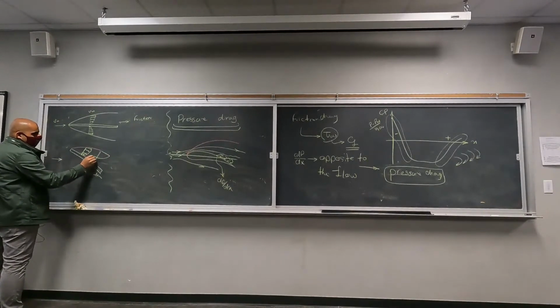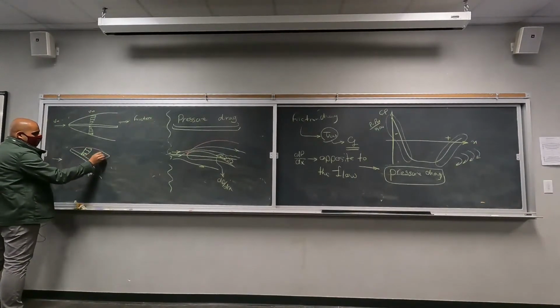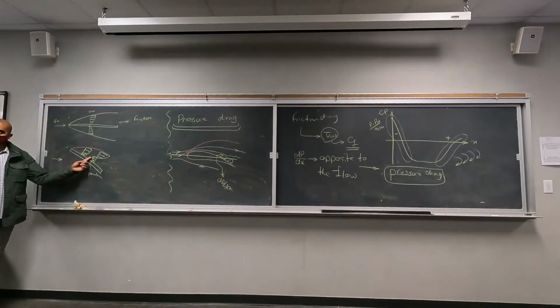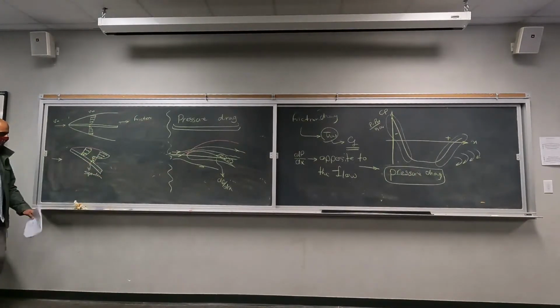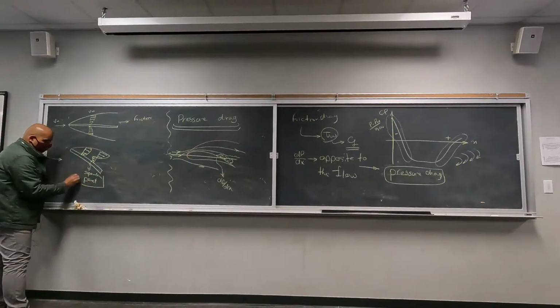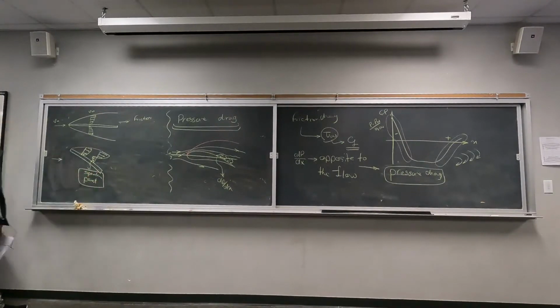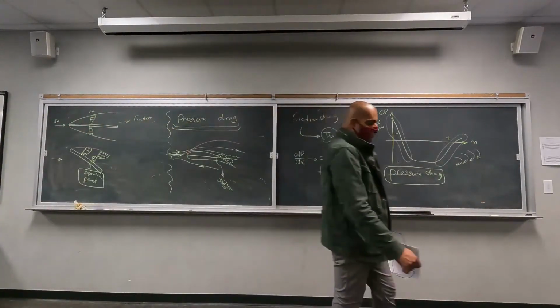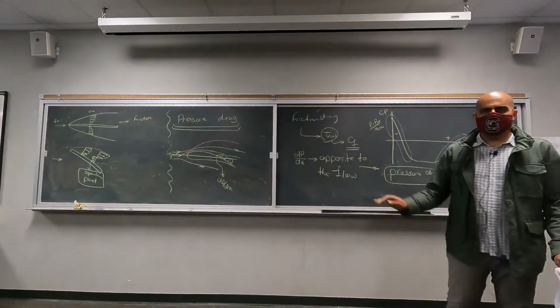So some part of the fluid is going in the other direction, right? Higher pressure here, lower pressure here. If you have a separation point, you are going to experience pressure drag. And you will have the friction drag whenever the boundary layers are present. Okay, is this clear now?